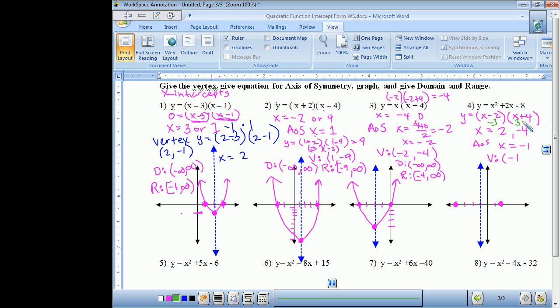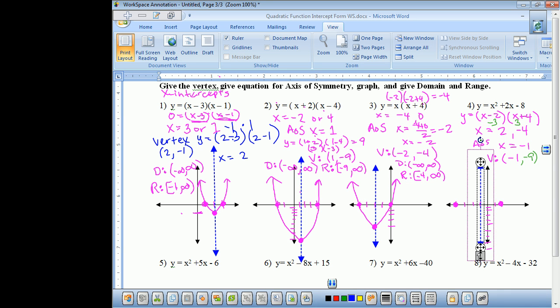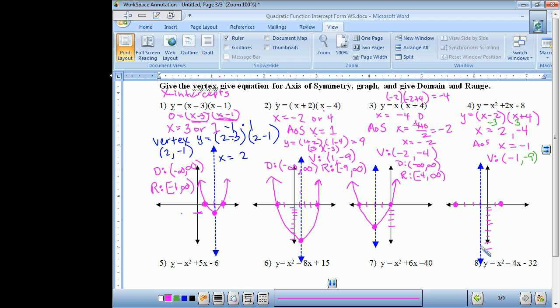What is -3 times +3? -9. So my vertex is the point -1, -9. And we can plot that on our graph. And then draw in our curve.